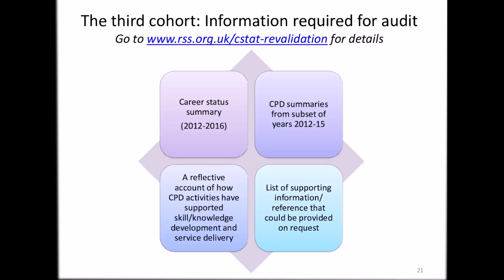The aim here is to collect information about your CPD activities over the calendar years 2012 to 2015, or a subset of these years, to ensure that your program of CPD is in line with the expectations of the Society's CPD policy. Having assessed the overall quality of the initial submissions, we will choose whether we restrict this to a subset of the years.